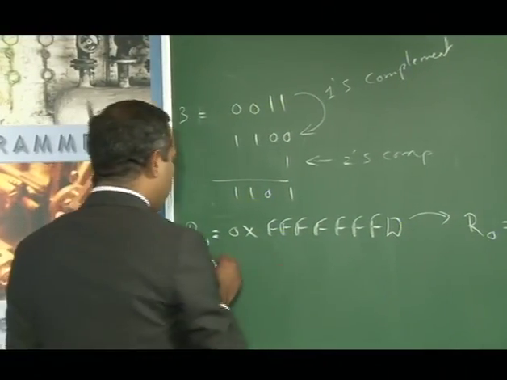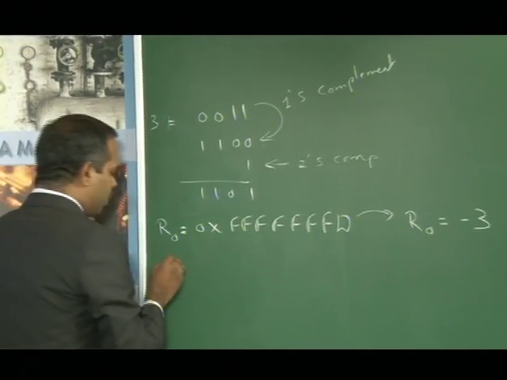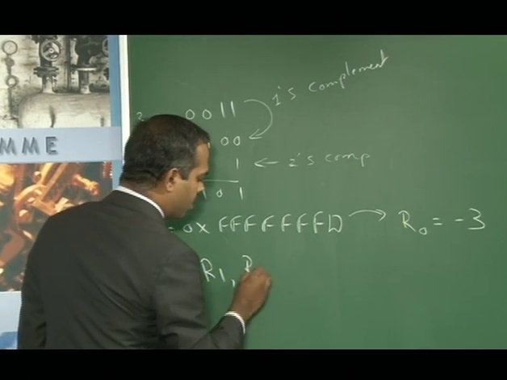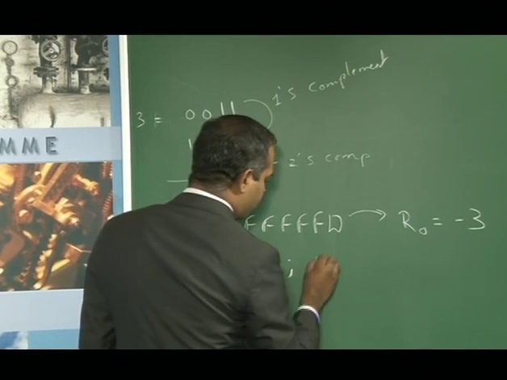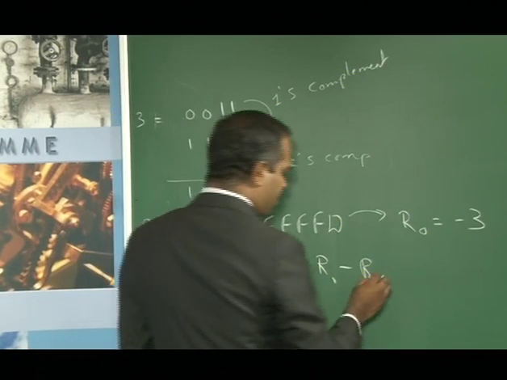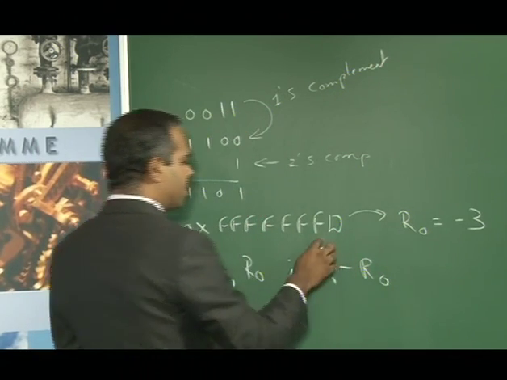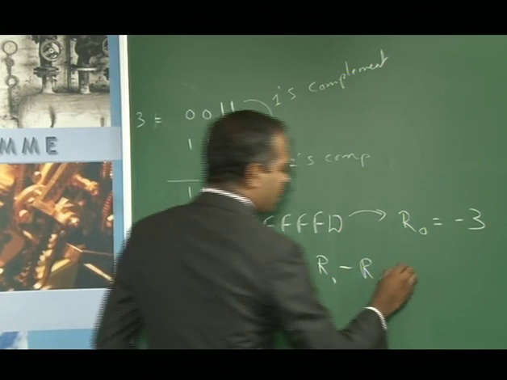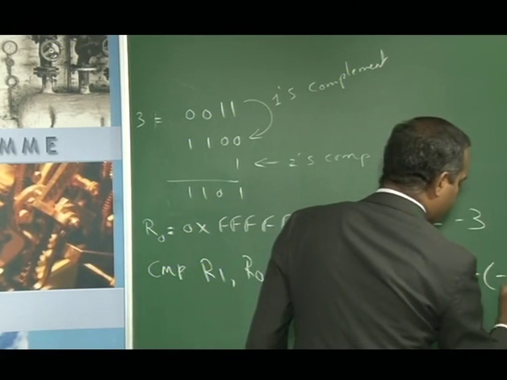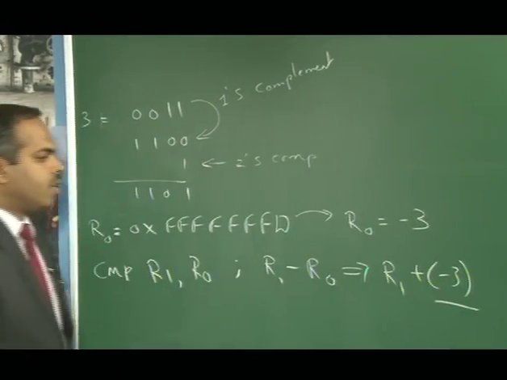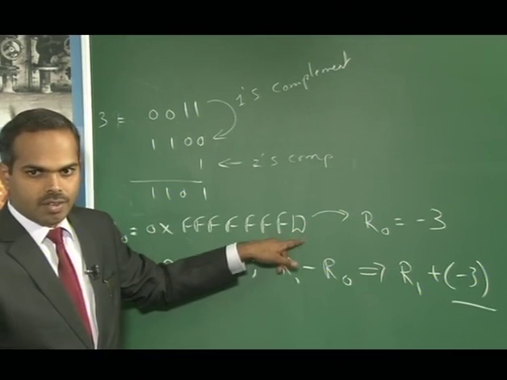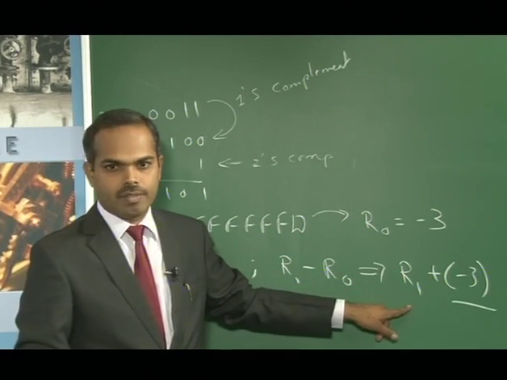Now when we do this CMP R1 comma R0, what happens is R1 minus R0. Now this is a minus R0 value, that's nothing but R1 plus minus 3. So minus 3 value is F's followed by D. For this I need to add the content of R1.